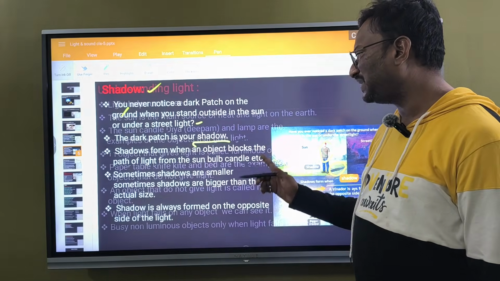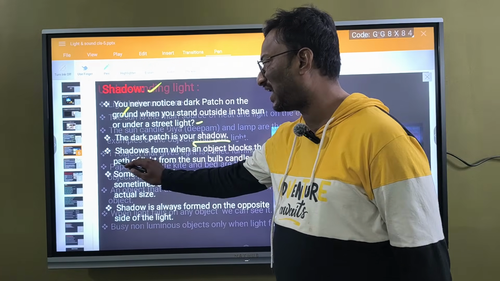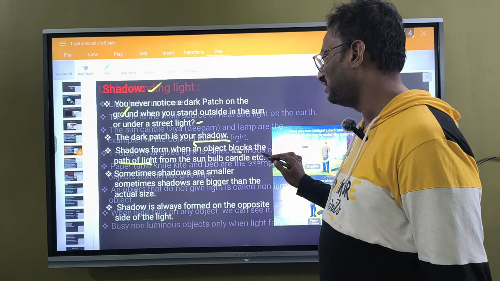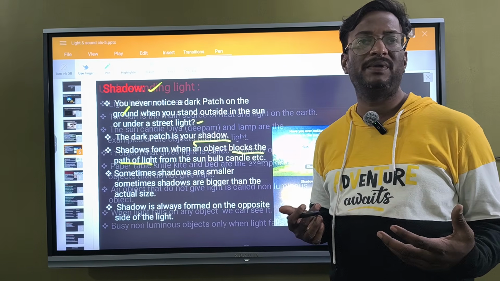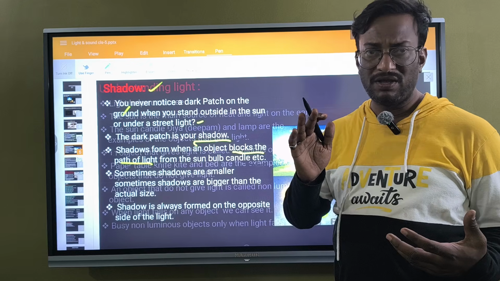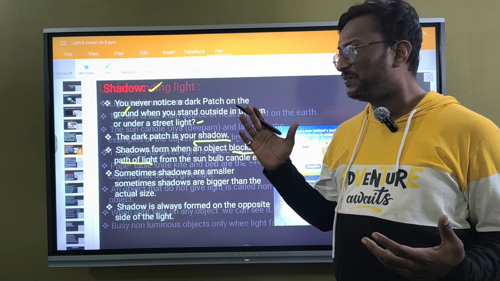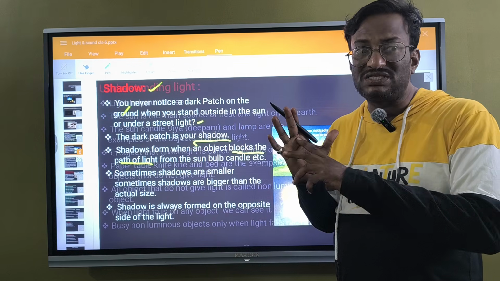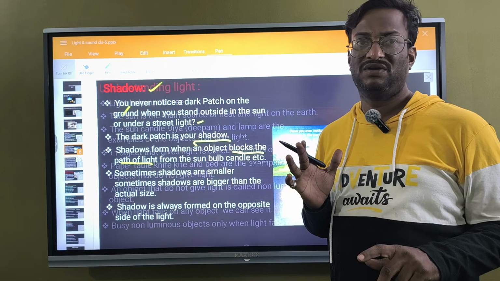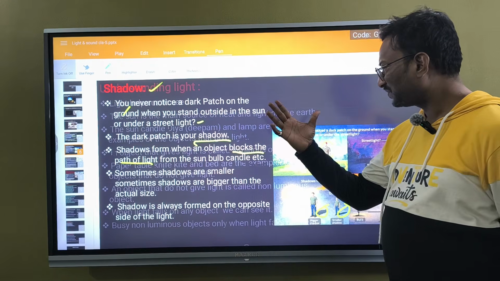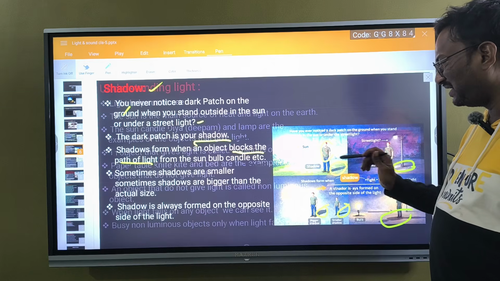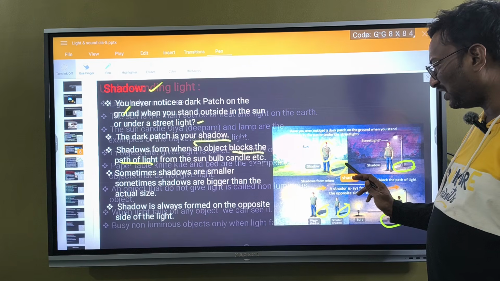Shadows form when the object blocks the path of the light. See children, this is very important. The shadow will be formed when the object blocks the light. Suppose this is the person here. The person's shadow is falling here.